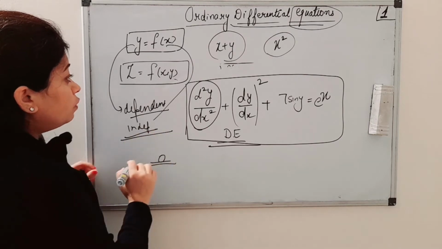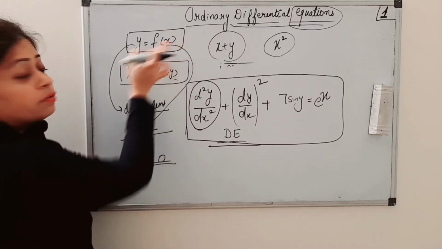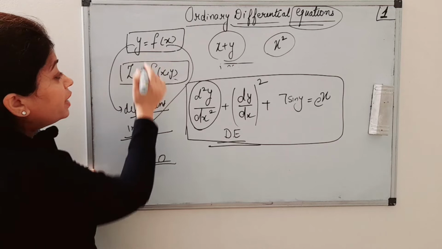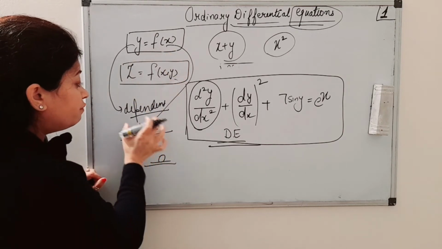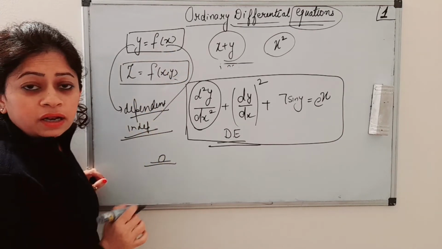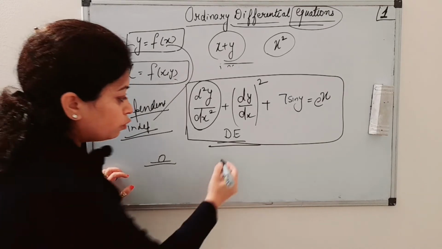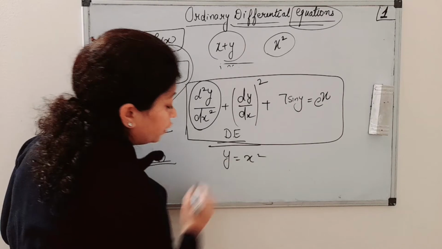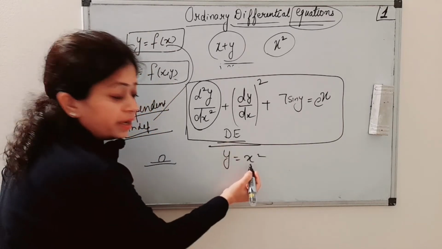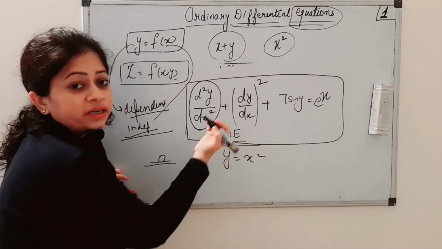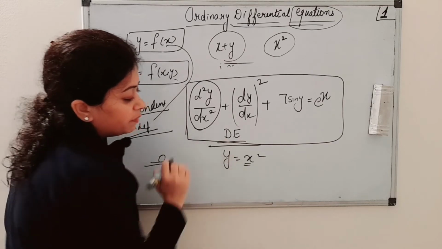See, what do we have? If we have y is equal to f of x, we have only one independent variable, with a dependent variable and an independent variable. We all know about that. Suppose we have a function y is equal to x square. y is dependent on x. If x increases, y increases, and x is the independent variable.